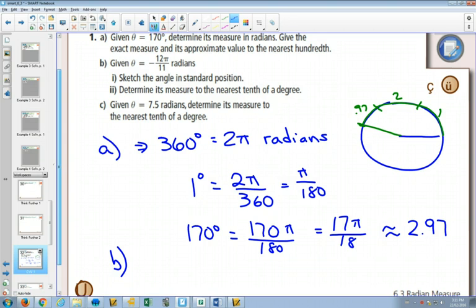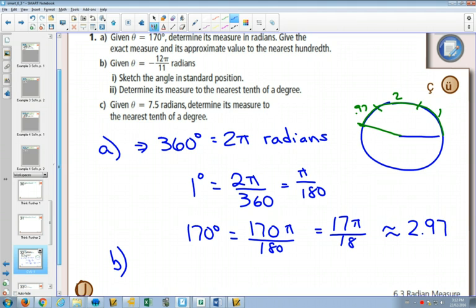We want to sketch what that looks like in standard position. So right now it might be hard to imagine what negative 12 pi over 11 looks like. So maybe what we'll do is we'll first change it to degrees, and then think in degrees and sketch it. And then we'll talk about ways that we can use radians to sketch as well.